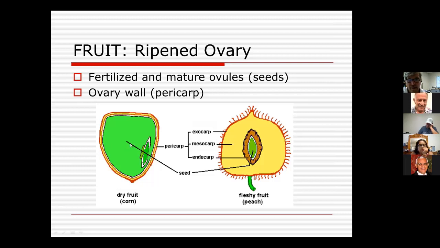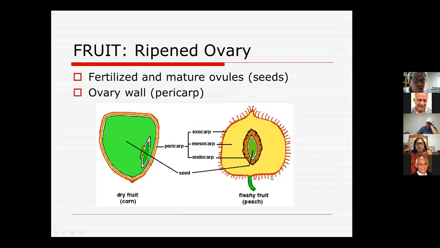You have the seed, which is in the center, but for a dry fruit, you have a very thin pericarp, which is the outside covering, the protective layer. And so here, those are basically all mashed together like a hard layer, where in a fleshy fruit, a larger fruit, that pericarp is going to have more distinctive fatter layers.